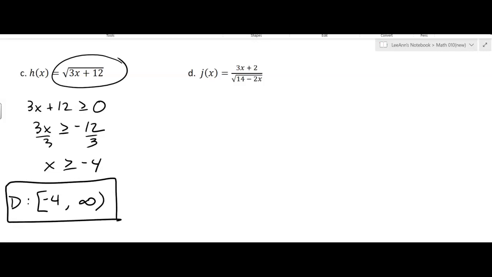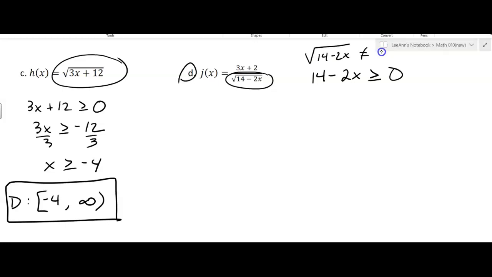Okay, so now let's look at this one, D. We have two things going on. First of all, we can't have the denominator be 0, and 14 minus 2x has to be greater than or equal to 0. But the square root of 14 minus 2x cannot be 0, okay?